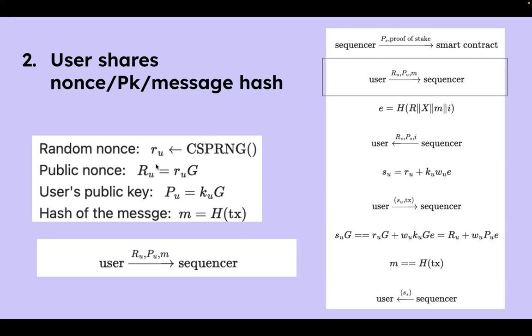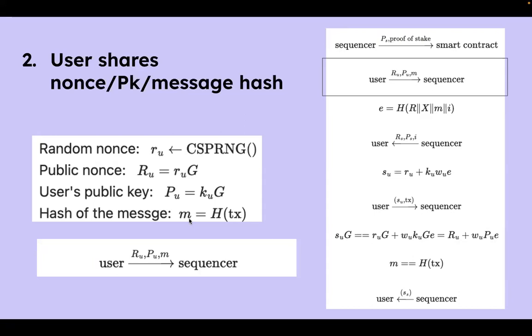And then compute the public nonce, or large R_U, which is the small r_U times the generator. And also, we will have the user's public key, P_U. And we send this public nonce, the user's public key, and the hash of the transaction to the sequencer.